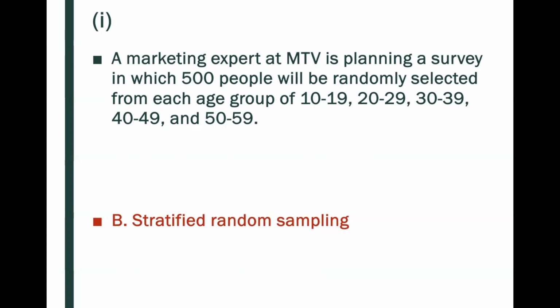We have 5 different age groups, and the 500 people are randomly selected from each group. So that's why it's stratified random sampling. We have different strata and we're randomly selecting people from each stratum.